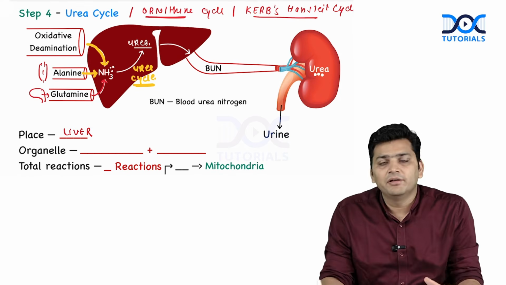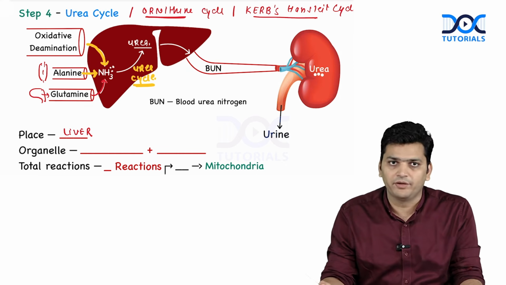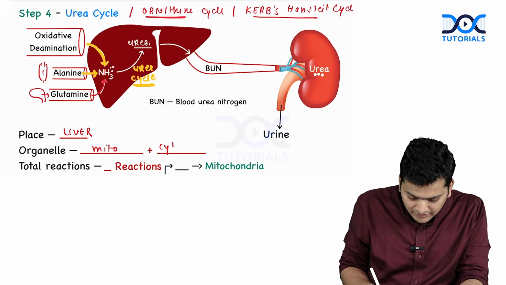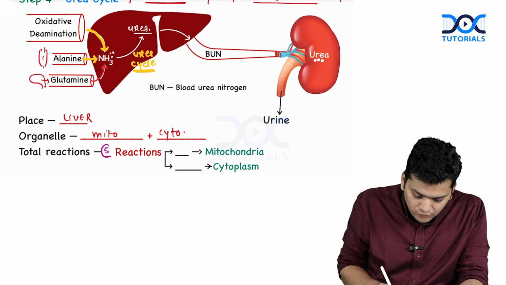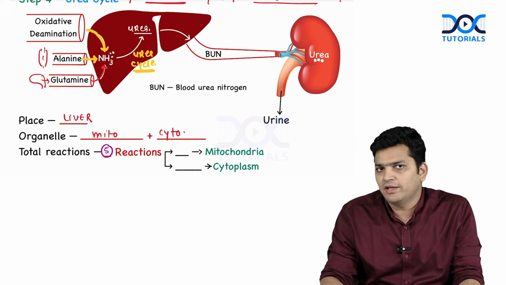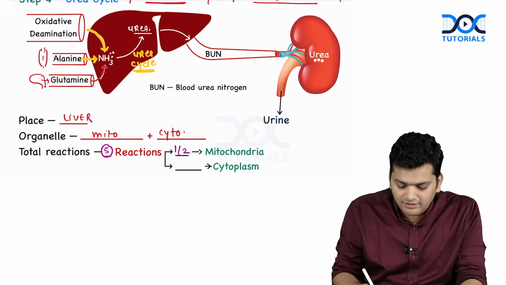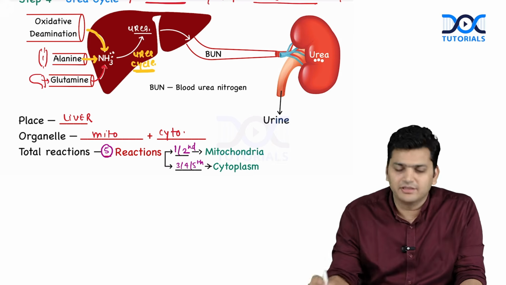But in the hepatocytes, does the urea cycle occur in the cytoplasm or the mitochondria? Actually, some reactions occur in the mitochondria and some in the cytoplasm. There are a total of 5 reactions in the urea cycle. Of the 5, the first and second occur in the mitochondria, whereas the third, fourth, and fifth occur in the cytoplasm.